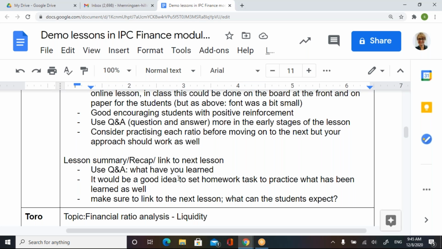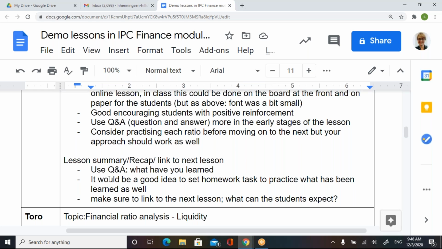And it would also be a really good idea to set a homework task, because with something like these calculations and formulas, repetition in terms of homework is really, really important for the students to learn them. Remember, they have to memorize them for the exam, and to actually practice using them quickly as well.